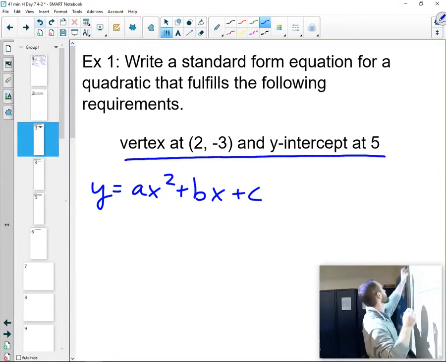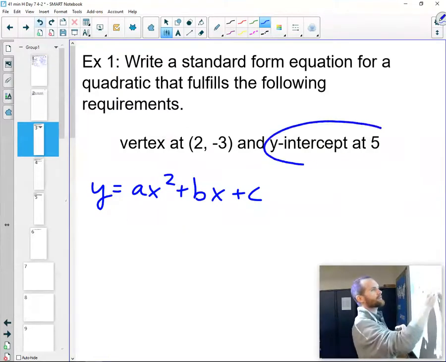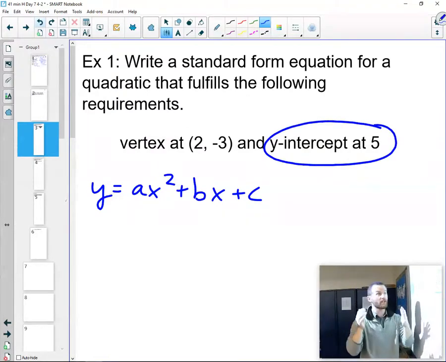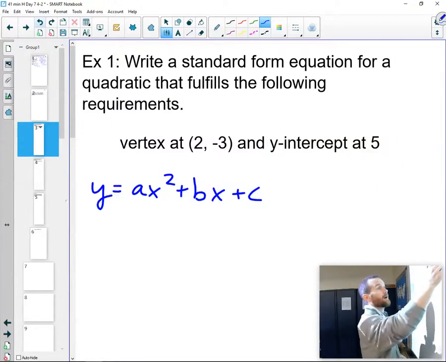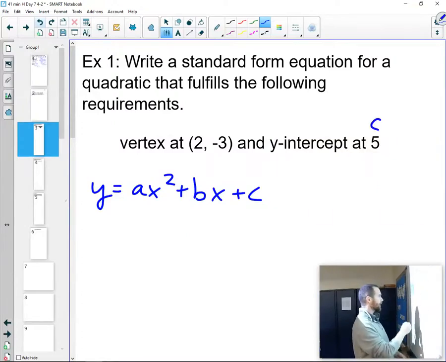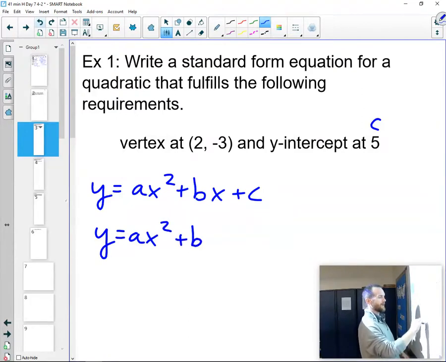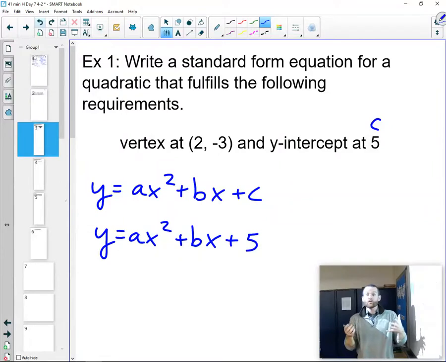And this information, since they told us the y-intercept is at 5, if we remember from standard form, the y-intercept is always our c value. So that means right away I can rewrite this as, okay, y equals ax squared plus bx plus 5. So we're 1/3 of the way there right off the bat in our first step.